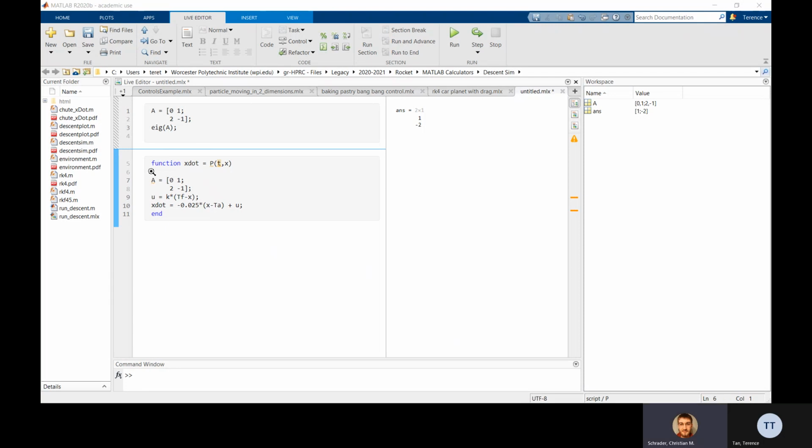What is U? It has to have one row. It's a 1x2? Yeah, it's 1x2.